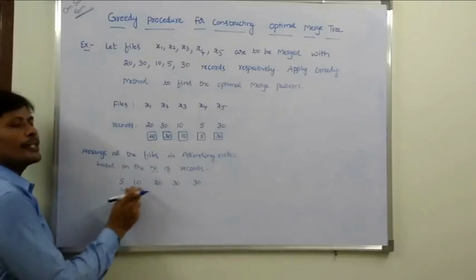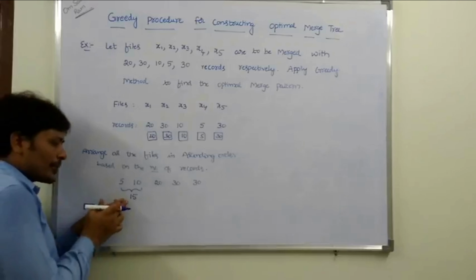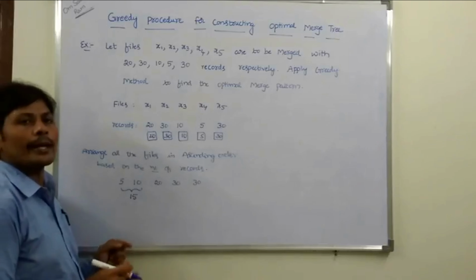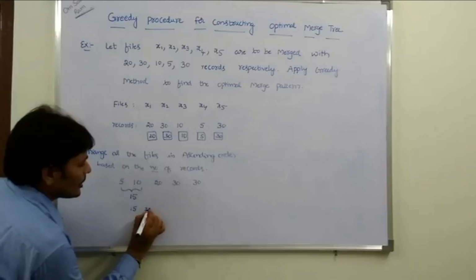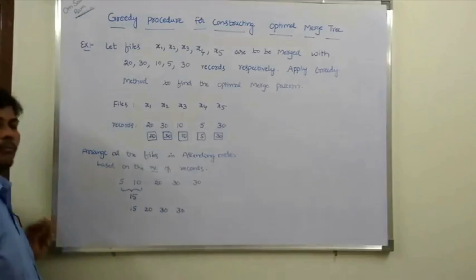After merging 5 and 10, that is 5 plus 10, we are getting 15. So this merged file is inserted into the sorted list at its correct position. So now we are getting a list as 15, 20, 30, 30.